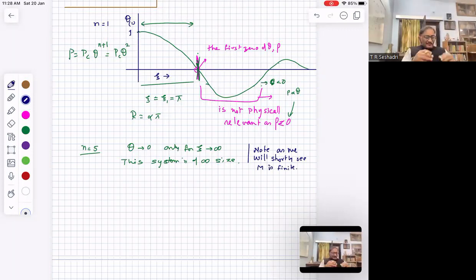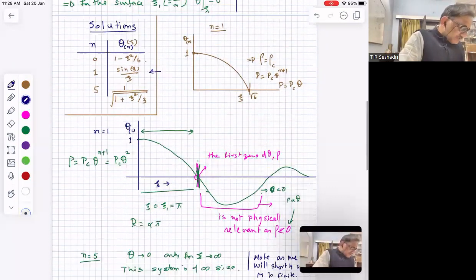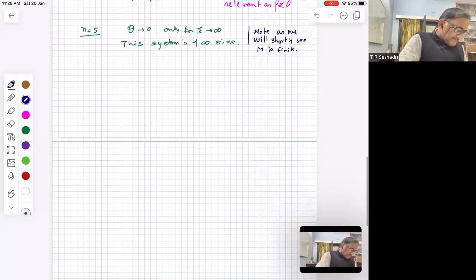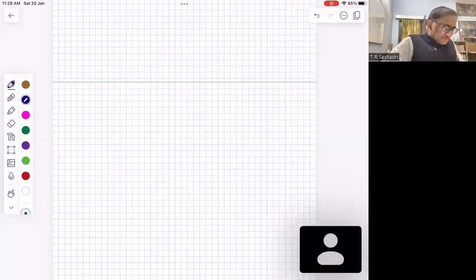It means that the system is spread to infinite size, but as you go far away, the density drops so fast that the total mass converges. Okay, we will come to these calculations right now. Can I proceed? Yes. Okay.